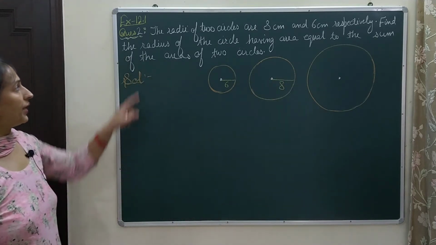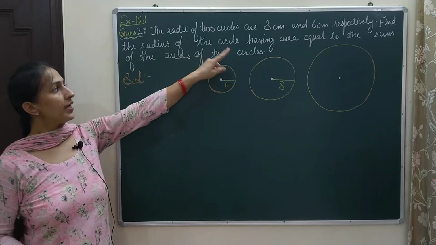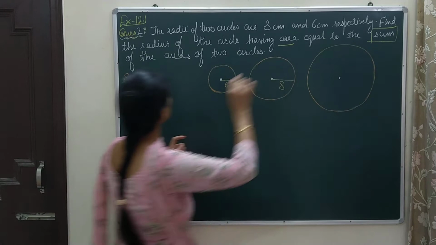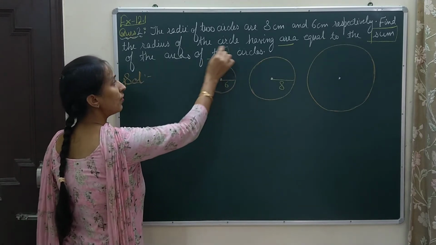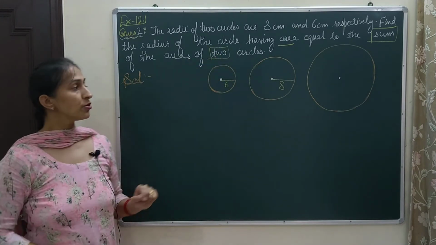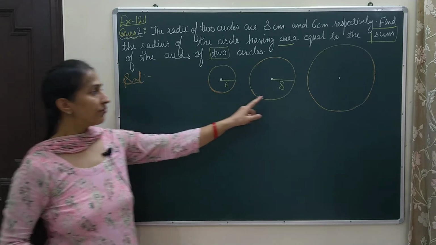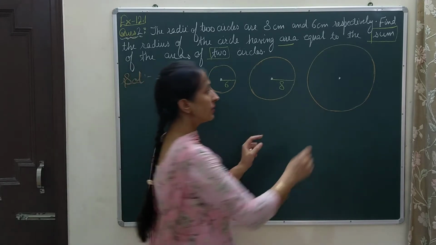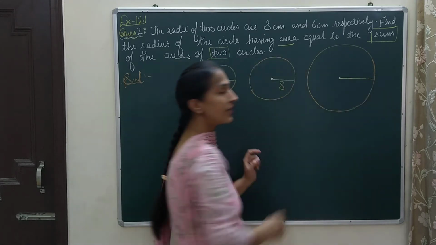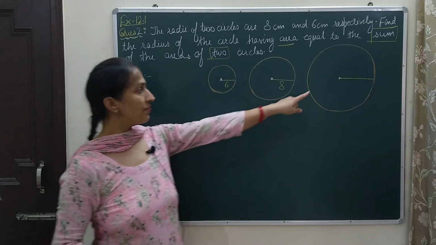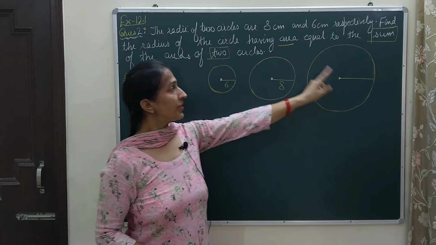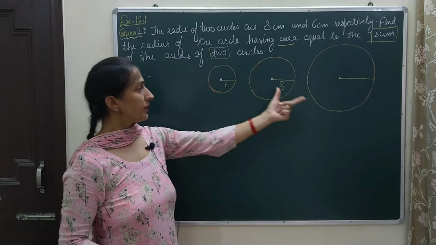Now we need to find the radius of the circle having area equal to the sum of areas of the two given circles. So what we are given here is that we need to find the radius for a third circle. Suppose here I am marking this as the radius for the third circle.